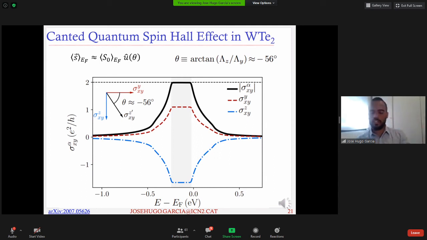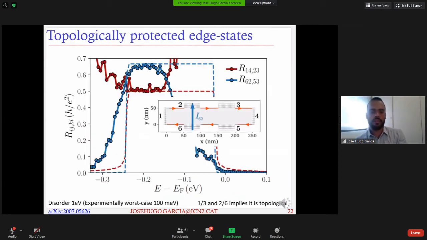And because this tilting depends on the spin-orbit coupling parameters, you can imagine that you can tune it by changing the electronic environment, for instance, by changing the substrate. This value will change, and you can maybe put it completely out of plane or completely in plane.